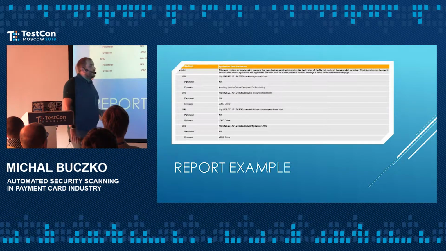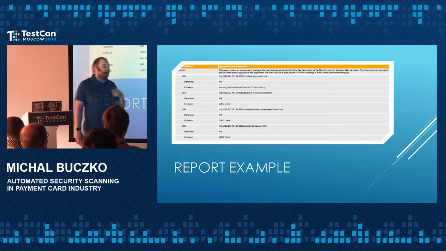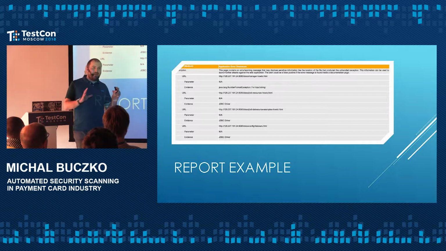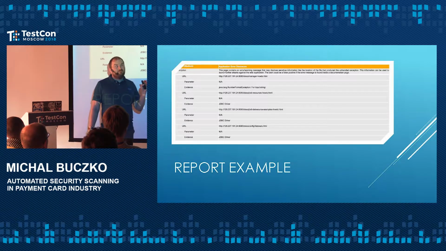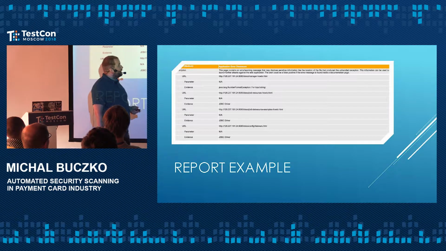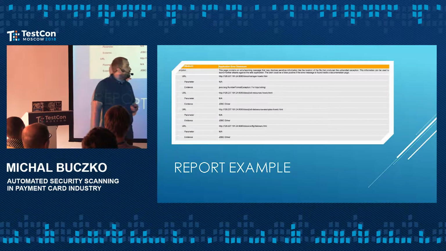One of the downsides of this solution is that automated security scanners have a lot of false positives. They assume that something is a potential vulnerability, but it's not. Usually it's almost 80% of the findings, but they're pretty similar, so it's really easy to spend the time with developers to filter them out.